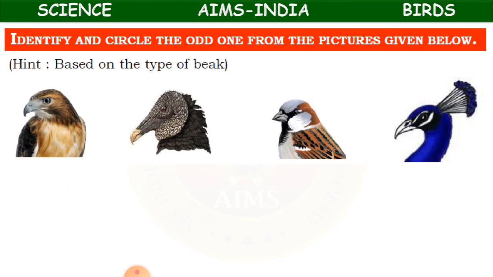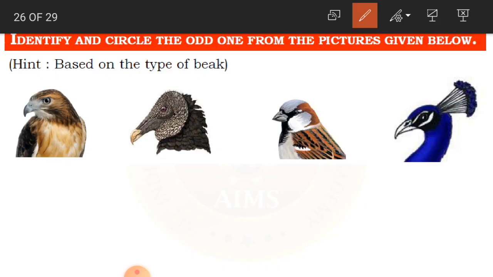And now here, identify and circle the odd one from the pictures given below. See, here you have 4 types of birds, children. Which is different from the other 3? So that we have to identify and circle. According to the beak we have to differentiate.